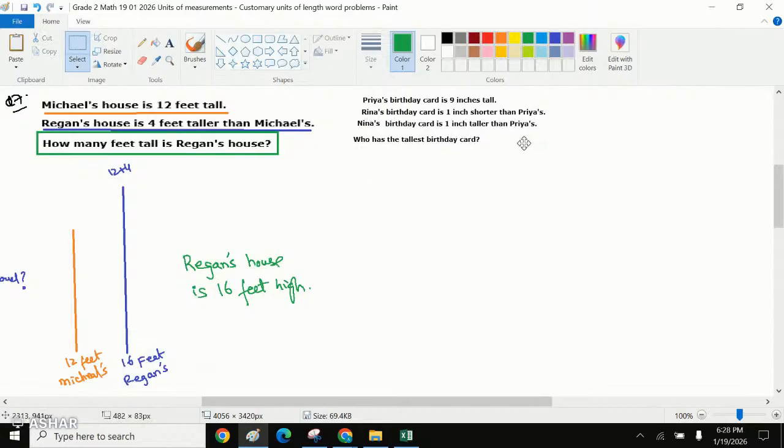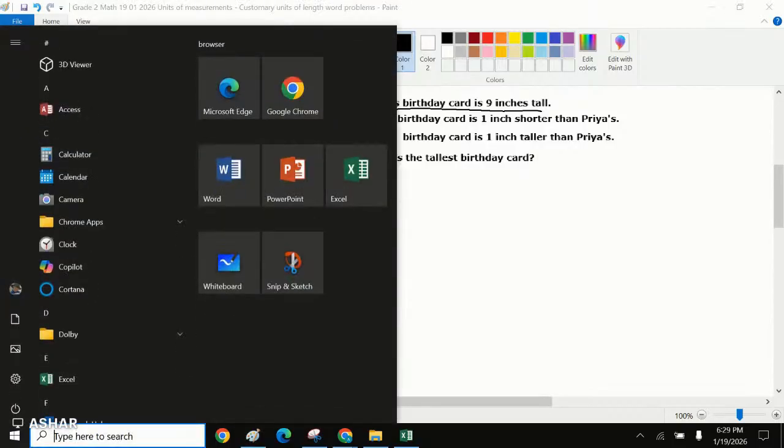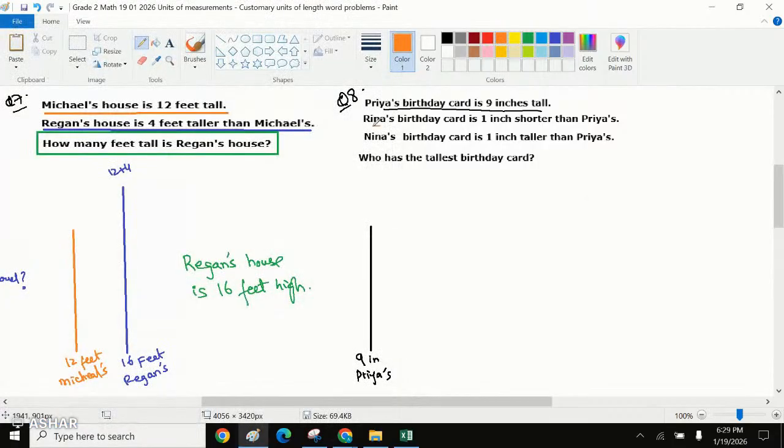Priya's birthday card is 9 inches tall. Okay, let's do this. So we can mark over here, we can say this is Priya's card. The total length was 9 inches. They say that Reena's birthday card is 1 inch shorter than Priya's. That means it should be a little smaller, and the length was 1 inch smaller, right?